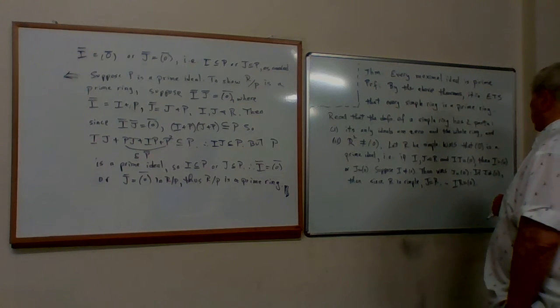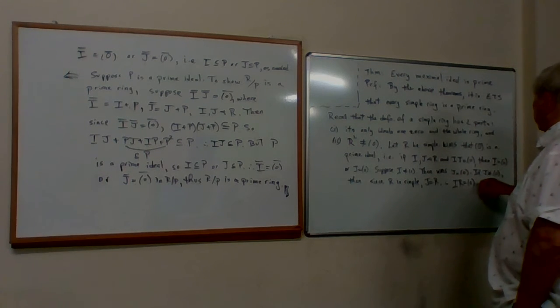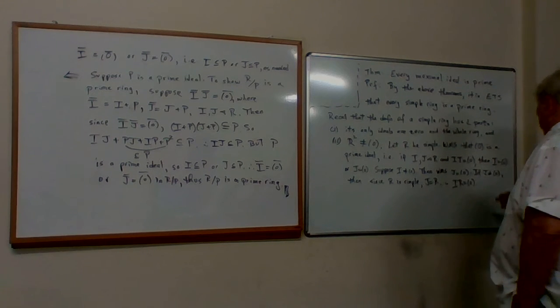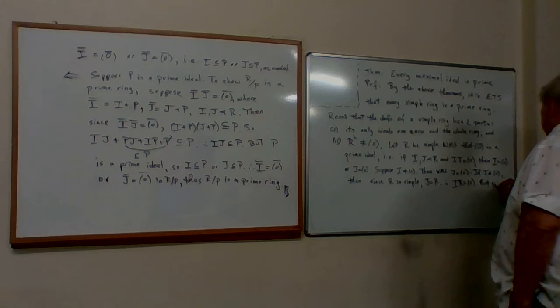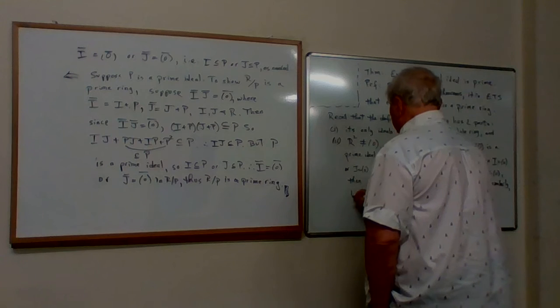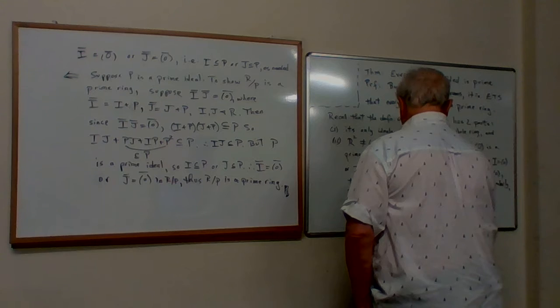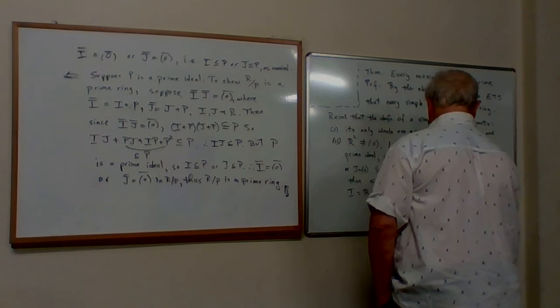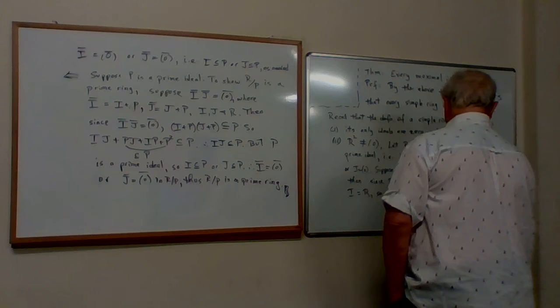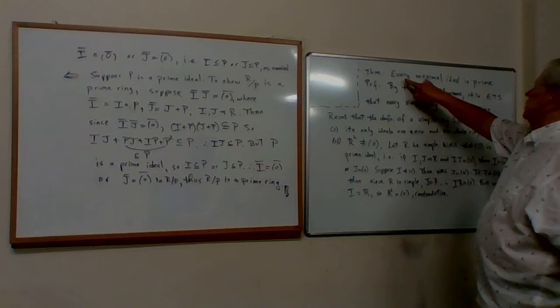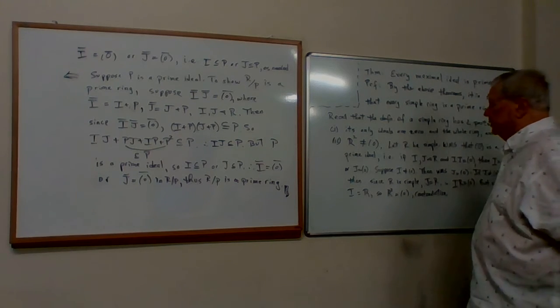What's wrong with that is that the same reasoning shows that if J is not 0, then since R is simple, J equals R. But if I is not 0, I equals R. But similarly, I equals R. So R squared equals the 0 ideal, which is a contradiction. Okay, so simple rings are prime rings, and so what that gives me is maximal ideals are prime ideals.